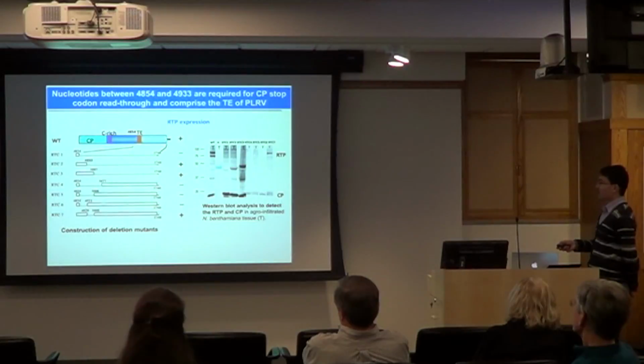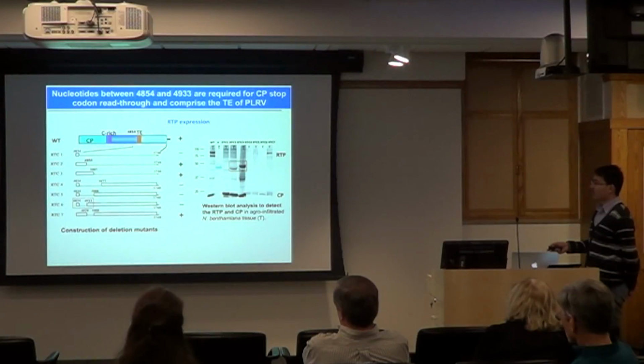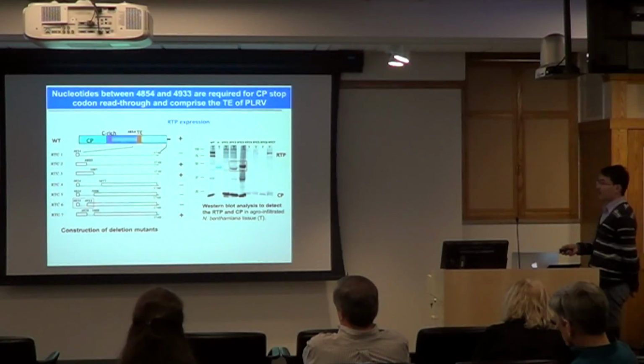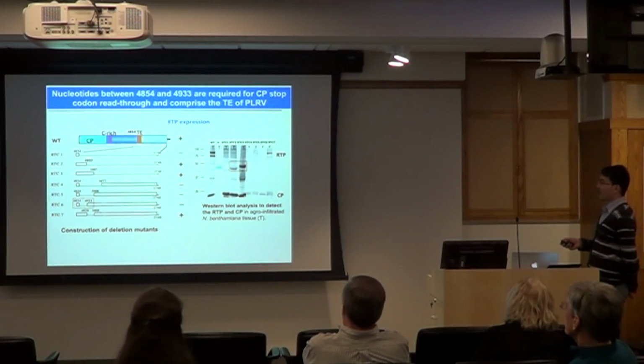However, when we deleted the nucleotides from 4933 or from 5007, the translation of the read-through protein was only slightly affected. Also, by in-frame deletion, we found that the region between nucleotides 4854 and 4933 is the minimal region for read-through translation, and this region is considered the translational enhancer of the leafroll virus.